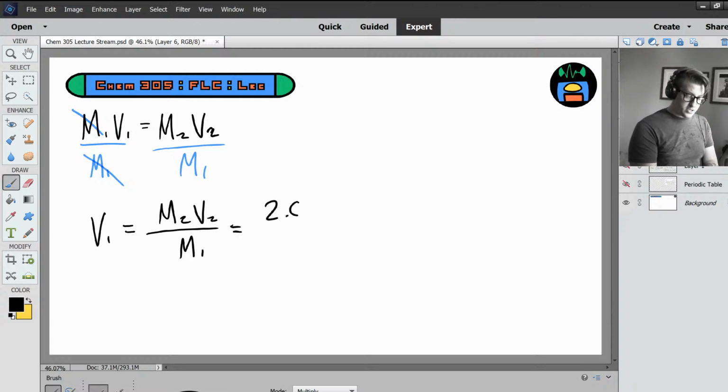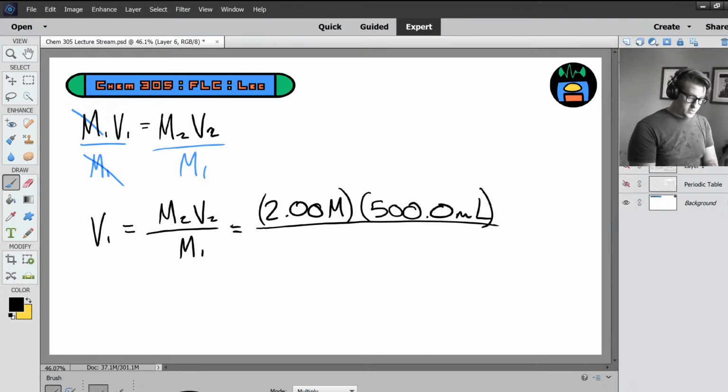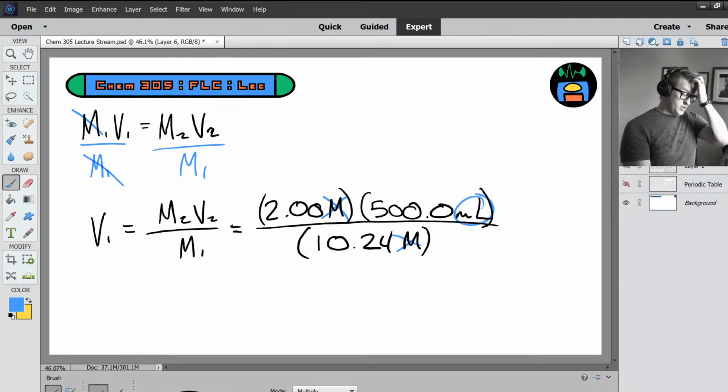Our final molarity is 2.00 molar, final volume 500.0 milliliters, and initial molarity 10.24 molar. You'll notice that molarity cancels. Our only unit left standing is milliliters, which is good because we're solving for a volume. So we go 2 times 500 divided by 10.24.